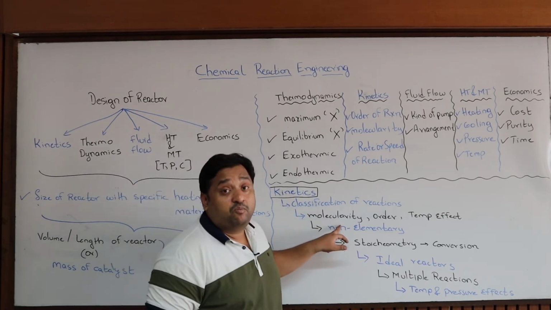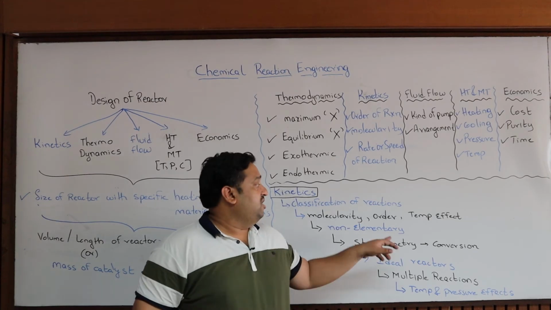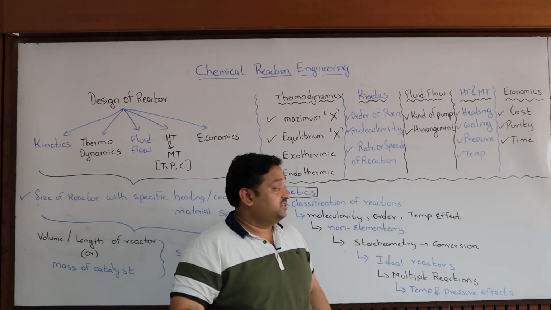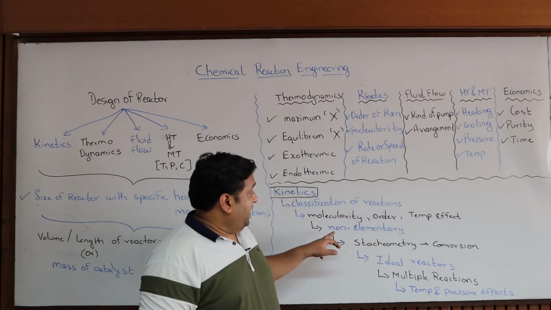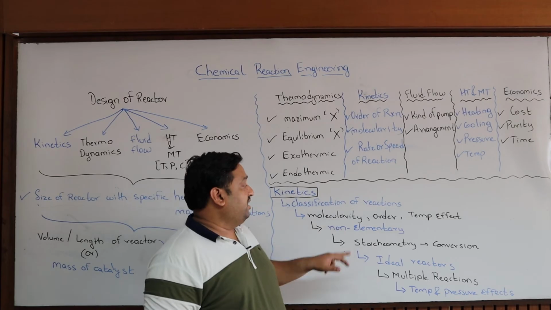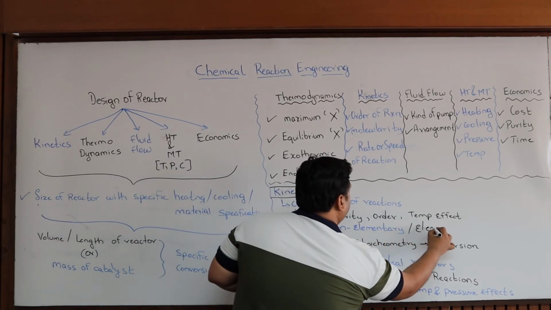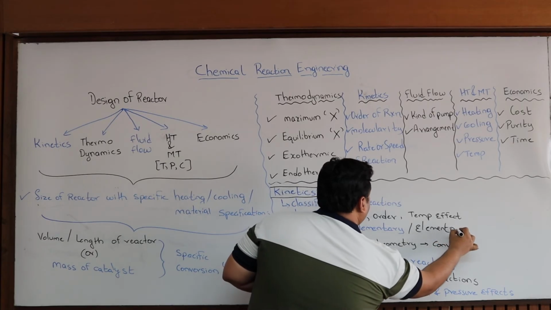And we are going to look into the molecularity, how many molecules are reacting in a specific reaction. Order decides the speed of the reactions, temperature effects, and we need to look into the elementary as well as non-elementary reactions.